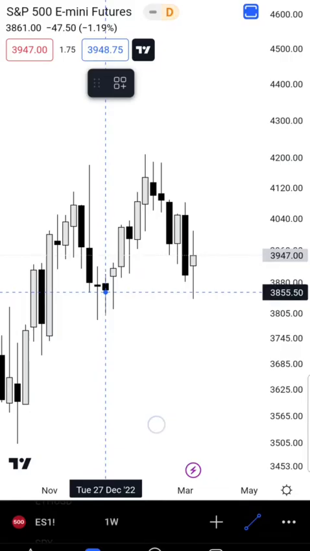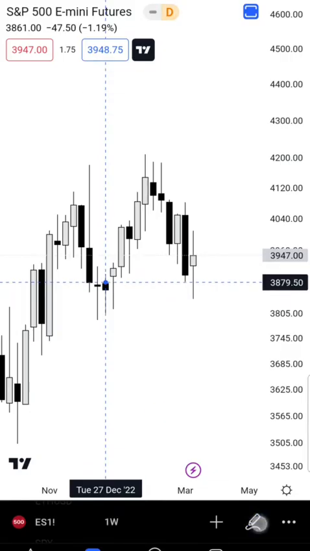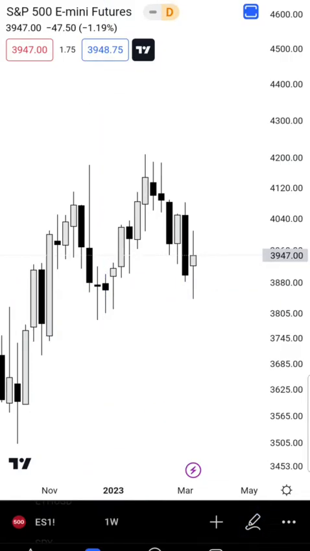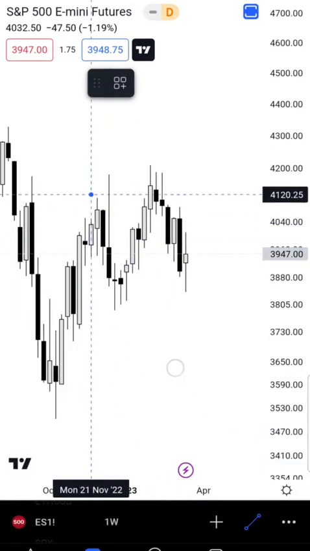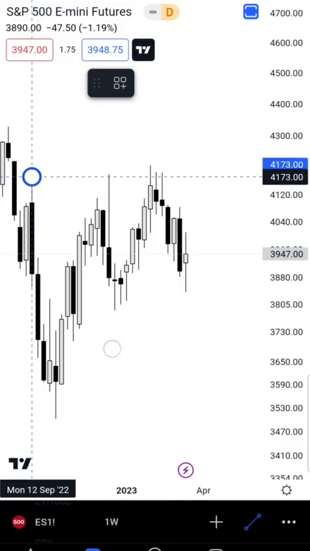Now, before I mark the PD arrays, there's something more important than the PD arrays, which is liquidity. In this instance, we have had a purge in liquidity right here. You see this?